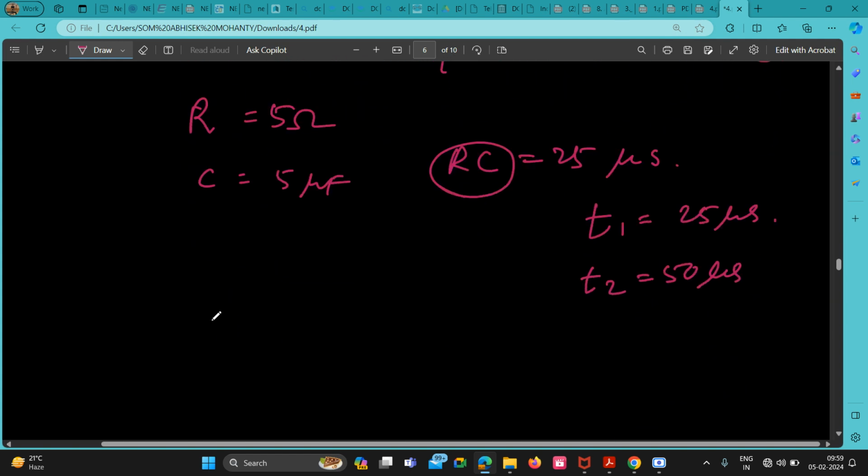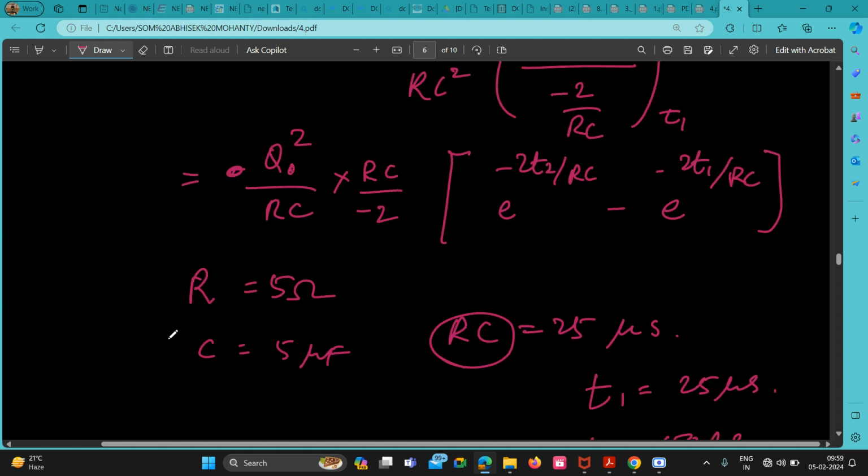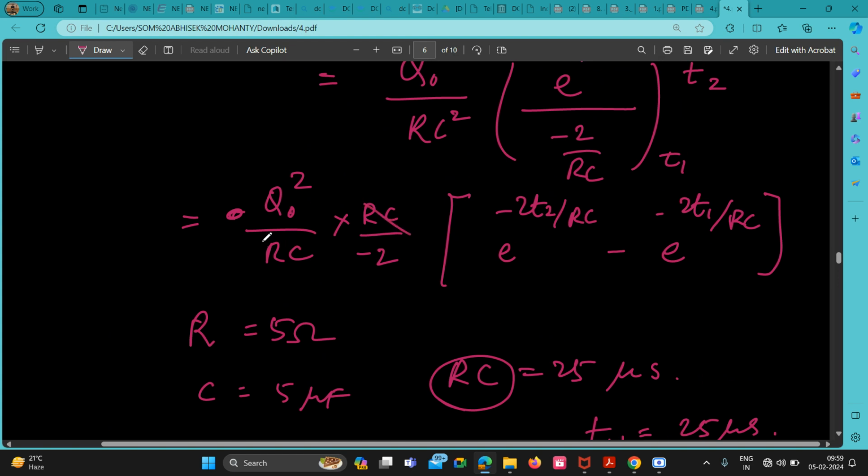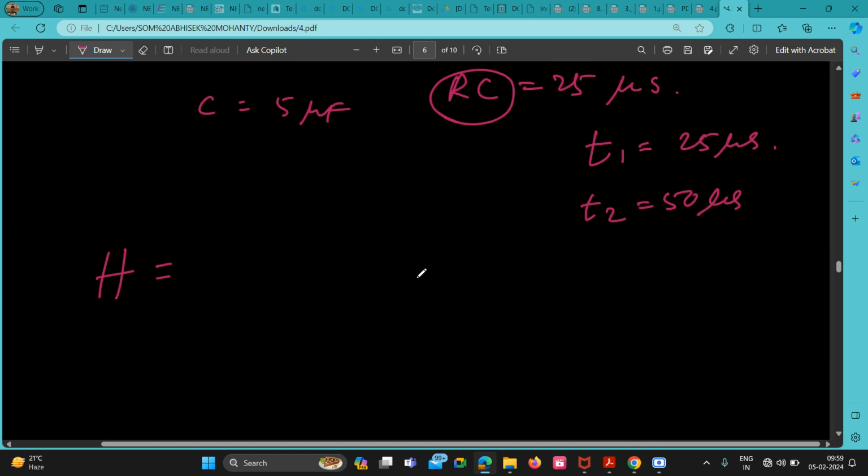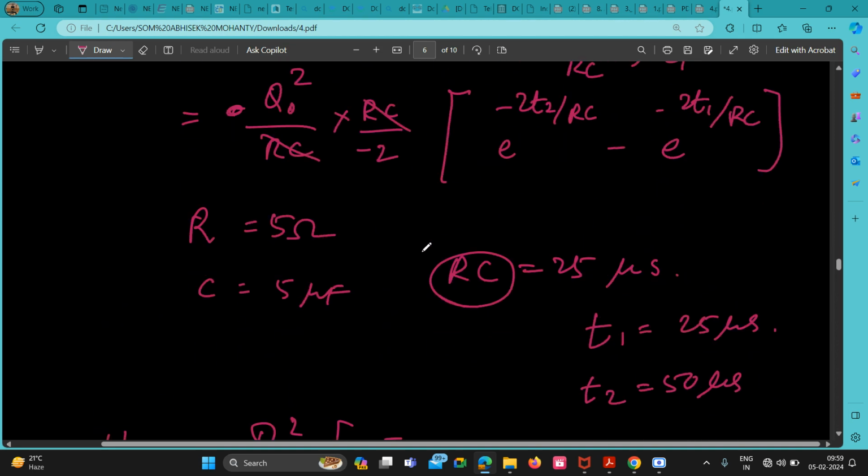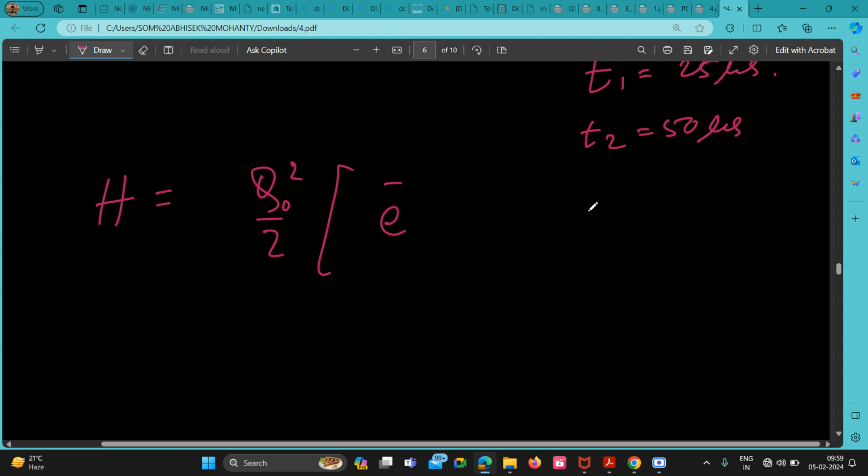So H is equal to, RC got cancelled here, Q naught square by 2, e to the power minus 2T2 by RC, minus e to the minus 2T1 by RC. Let's put the values.